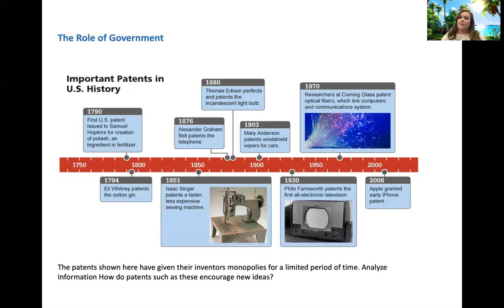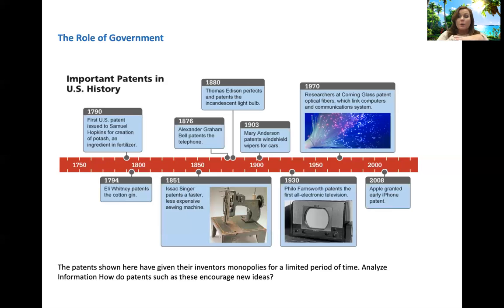Let's look at some of the important patents in U.S. history. The first patent was all the way in 1790. Samuel Hopkins created potash, which is a fertilizer ingredient. I mean, what if that took barren land and all of a sudden made it where you could plant stuff? Huge, huge.